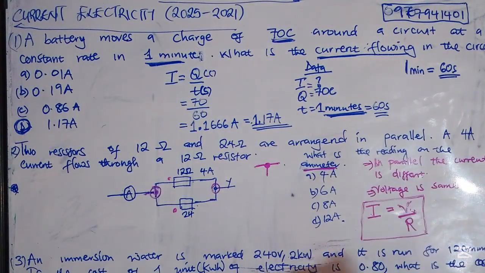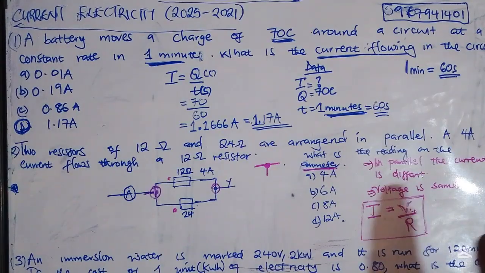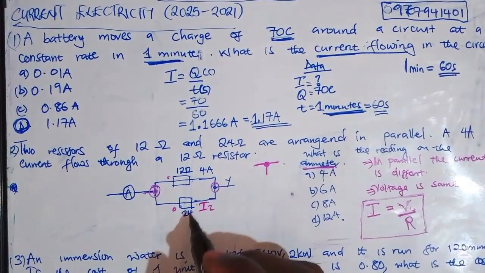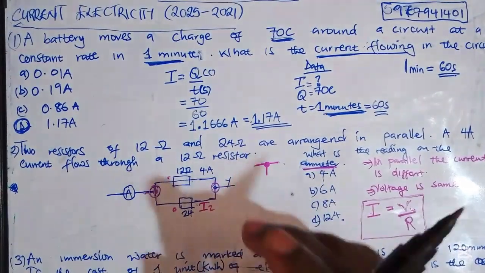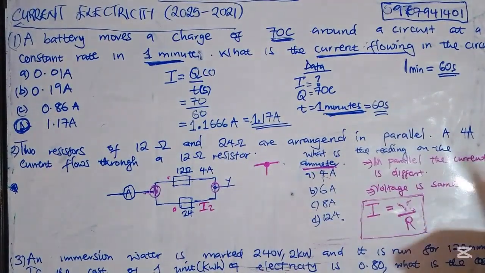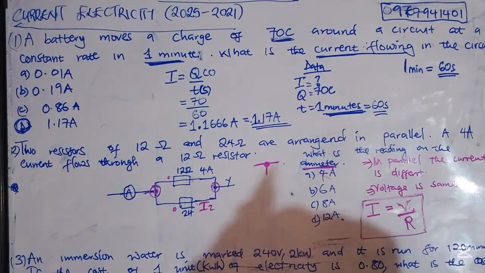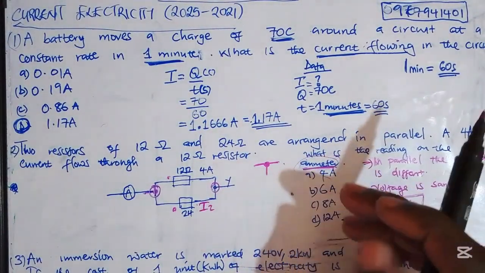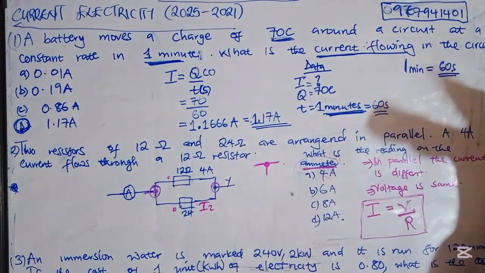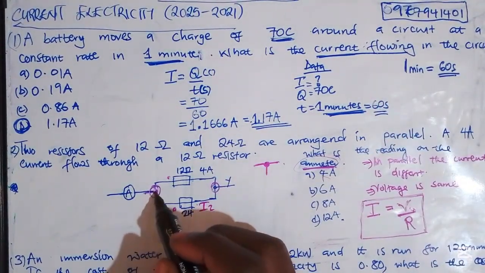So now we don't know the current which is passing through this resistor. So it will be a bit of a challenge for us to calculate the total current, because when they tell you to write the reading on the ammeter, it shows the total current passing through the circuit. So here it is where it splits.